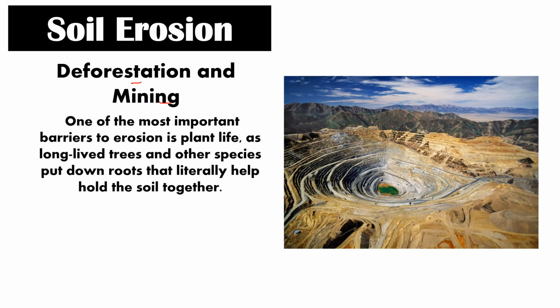Next is deforestation and mining. Of course, we do not want that. We said plants are the natural barrier against soil erosion. But when there is deforestation and mining, our plant life disappears.